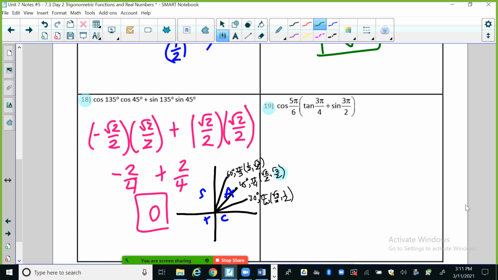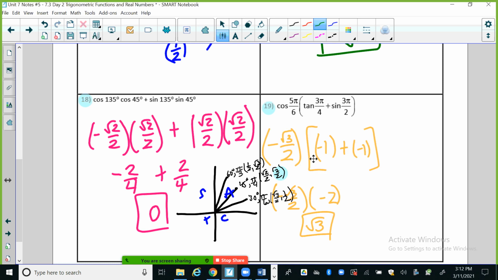Take a second, look at your answer to 18. Let me know if you have any questions, and I'll still give you another minute to finish up 19. All right, here's 19.